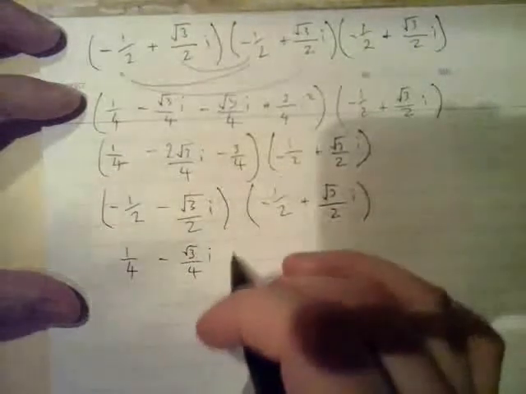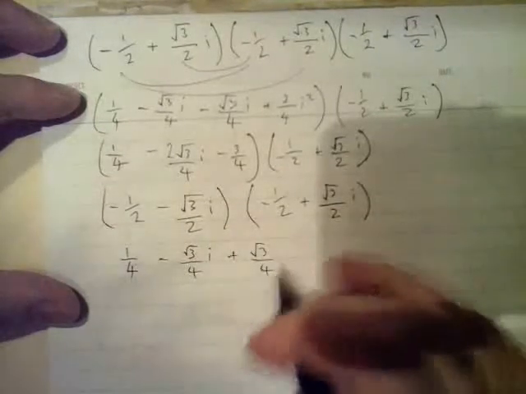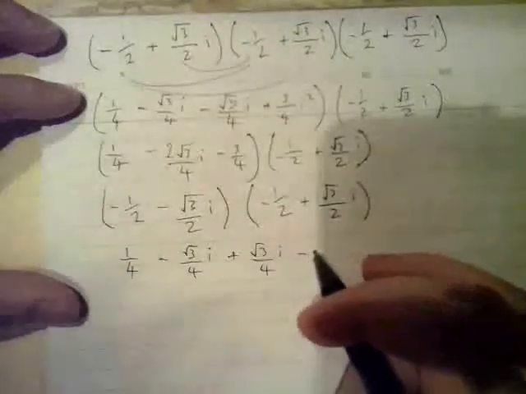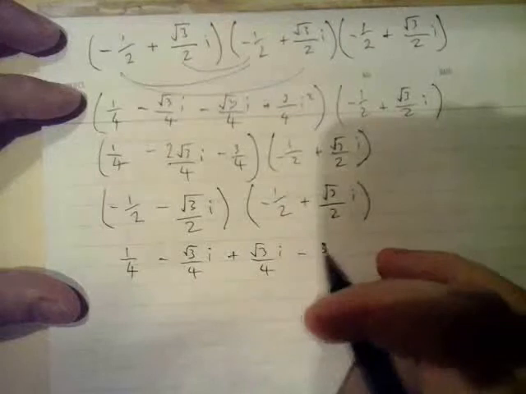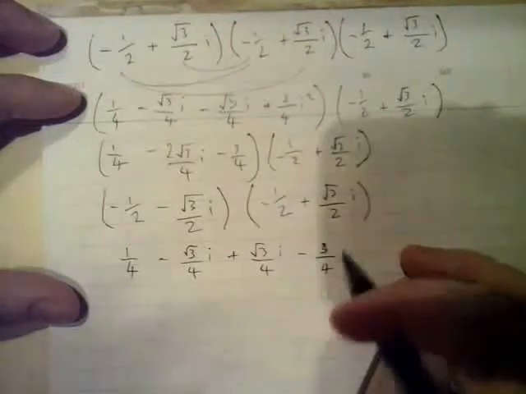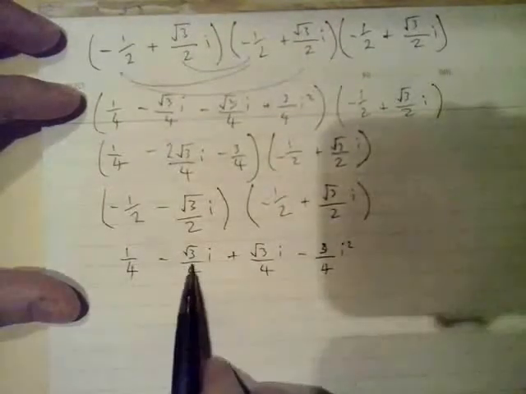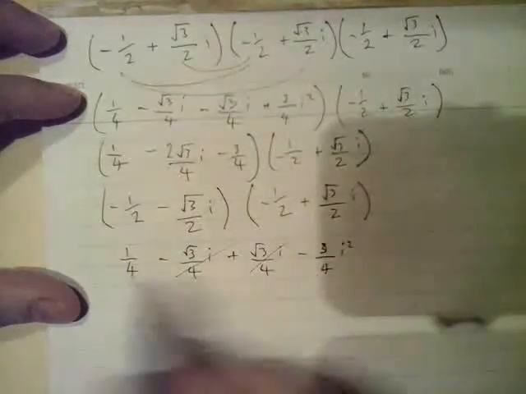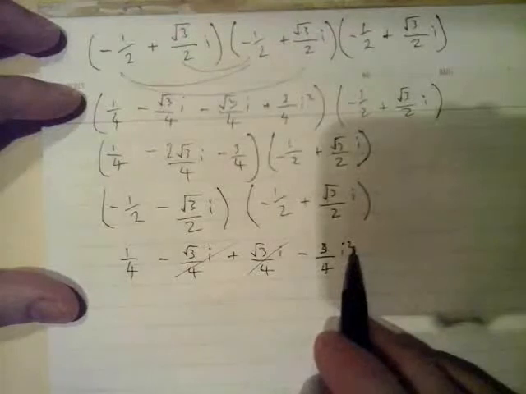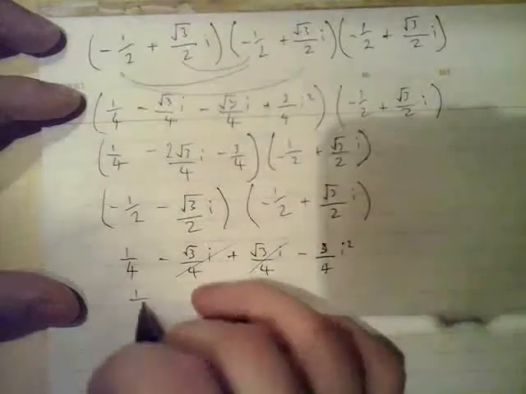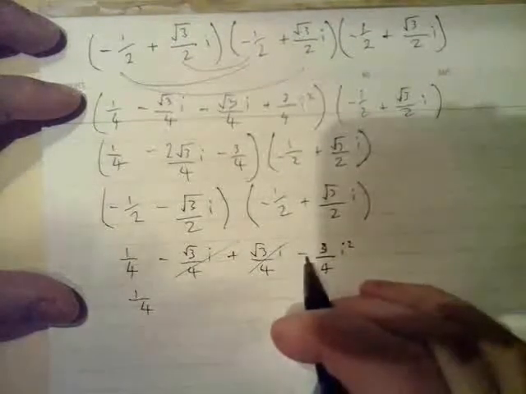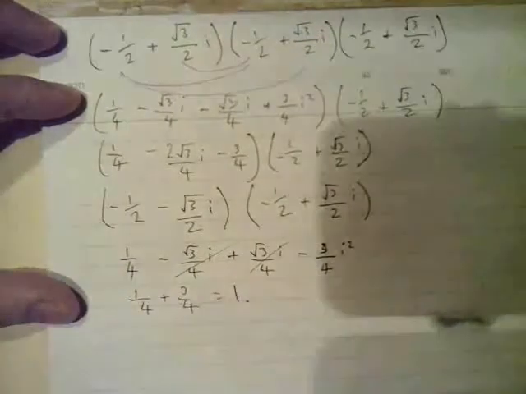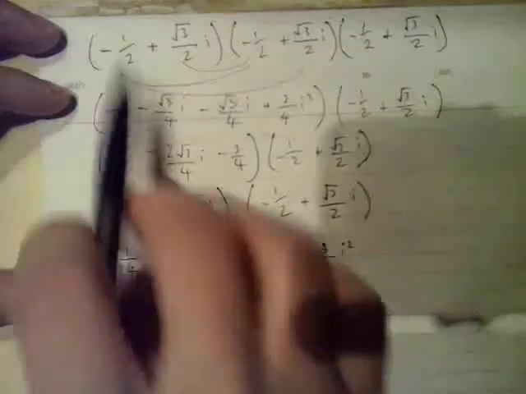It's going to be plus root 3 over 4i. And then the last 2 terms, it's going to give me minus 3 over 4 i squared. Now I can see this term and this term cancel out. And that i squared becomes a -1. So I'm going to have 1/4, and turn this sign into a plus 3/4, and the whole thing equals 1.